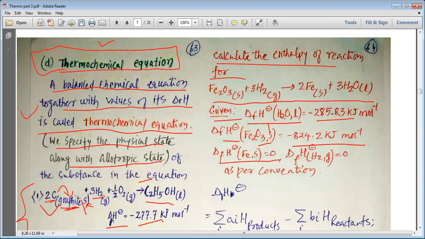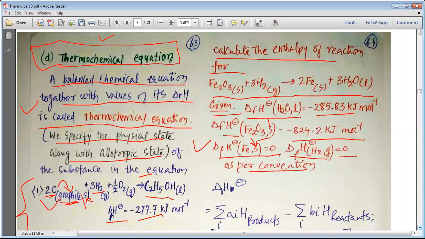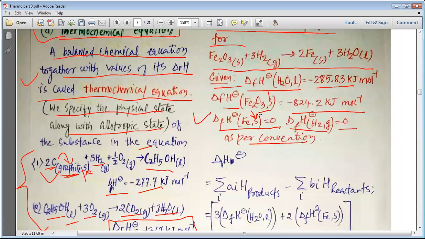Enthalpy of formation of iron solid is equal to 0. You can easily understand that formation of iron in its standard state, that is the solid state, is equal to 0, and enthalpy of formation of hydrogen in its gaseous state is also equal to 0 as per convention. So when we take the elements in their elemental form, we realize that their enthalpy of formation is taken as 0.